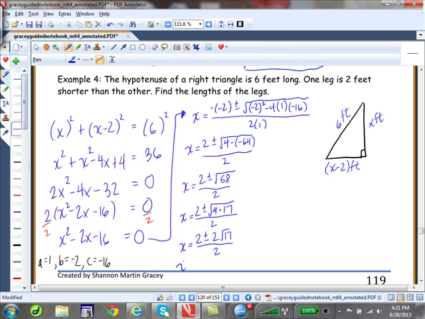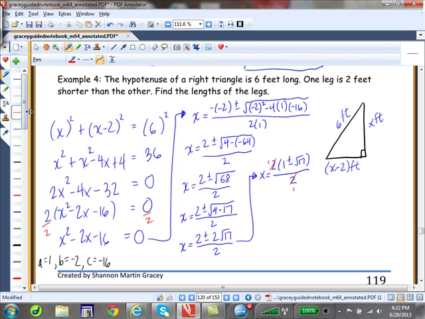But you see there's a 2 in each part, so you can actually factor out a 2 from the numerator. You get 1 plus, you know what, I don't want to squeeze that so much in there. Go to a new line. So we'll get x is equal to 2 times 1 plus or minus root 17 all over 2. So the 2's divide out.